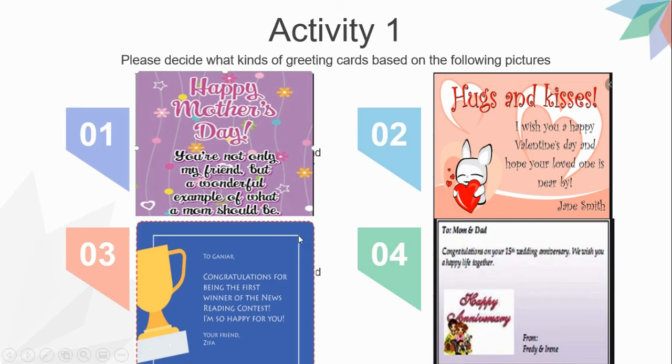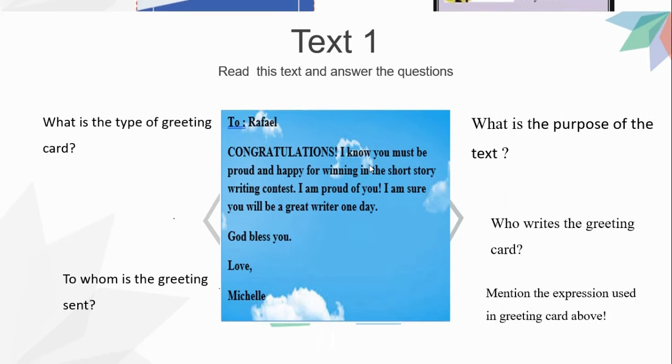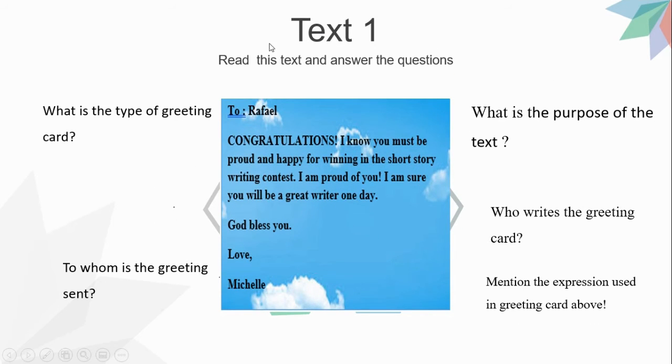So the material that we can use is like what I show here. We provide many kinds of greeting cards, and then we ask our students to decide the kind of greeting card based on the following pictures. Okay, so I think it's not quite difficult for our students. Next, we continue to the next text.